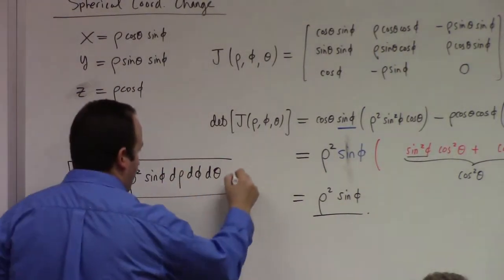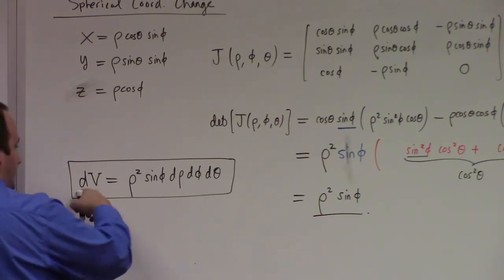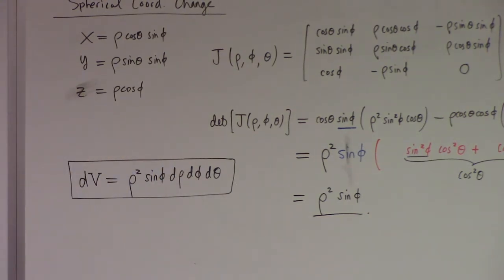And this is how I remember the substitution. So this is the spherical volume element. We do this calculation once, and then maybe again on your test, but just once in class, all right? I'm not going to go through this again. I don't really want to grade this either, but it is what it is.